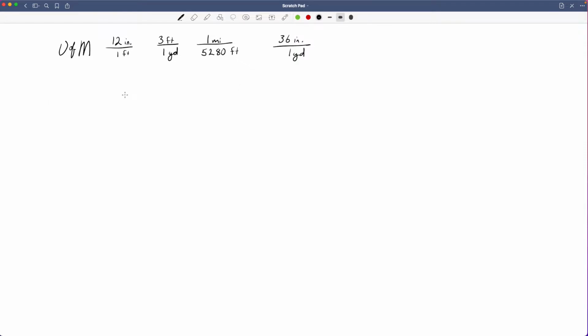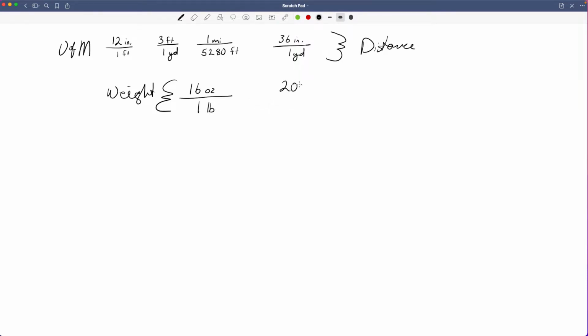That's in distance, right? This is all distance. But in weight, let me mark that out. This is distance. In weight, units of measure, we have pounds, ounces, and tons. So we have 16 ounces. We write that OZ is 1 pound, and we write that LB.